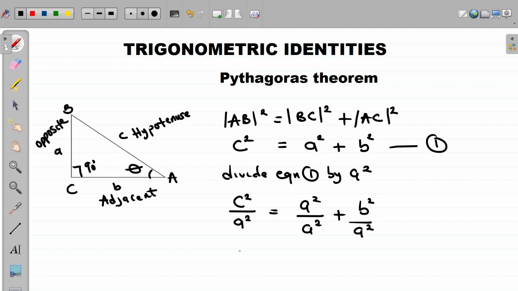Our equation becomes C divided by A all squared equal to A squared divided by A squared, which is 1, plus B divided by A all squared.